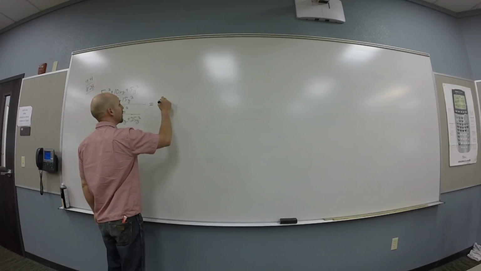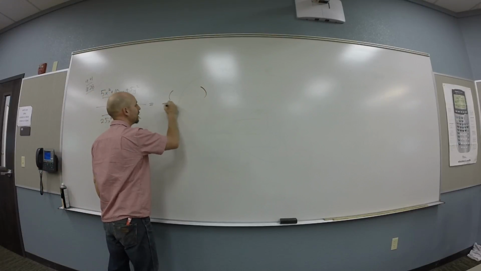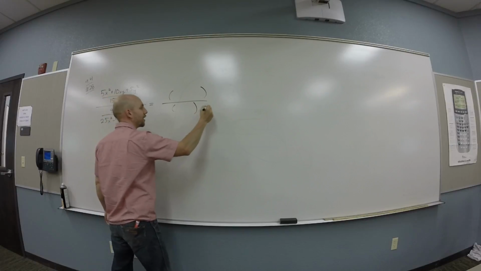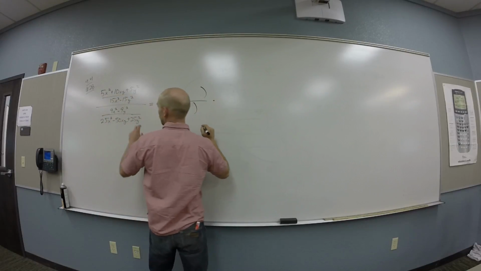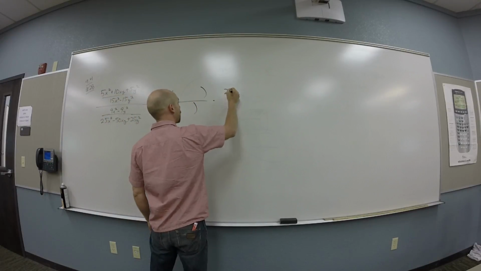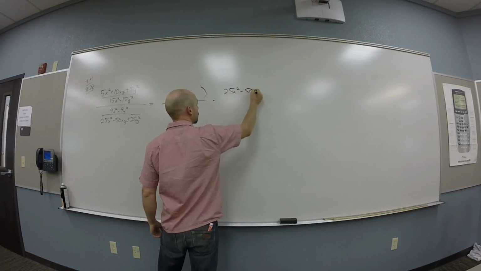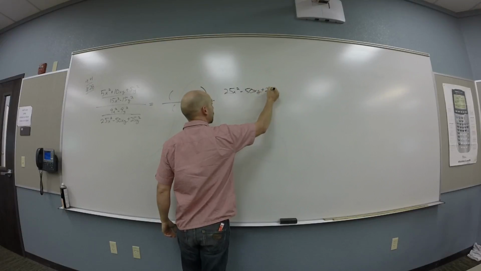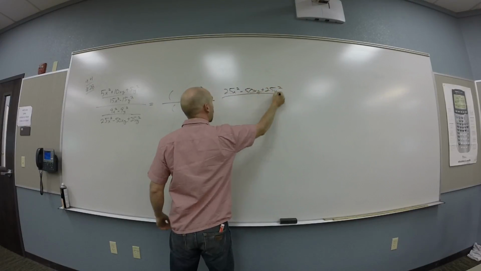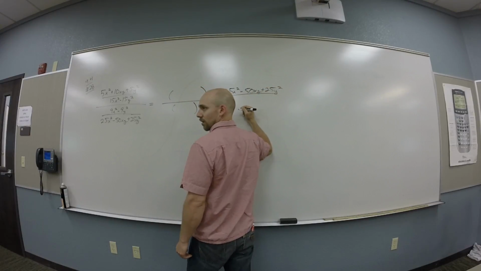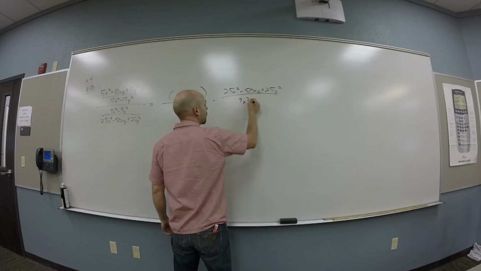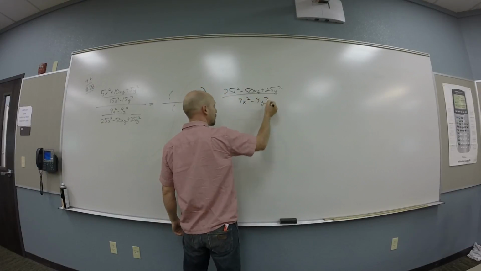Maybe in the process, you guys can tell me what we get. I'm just going to flip the bottom over, so I've got 25x squared minus 50xy plus 25y squared over 9x squared minus 9y squared.